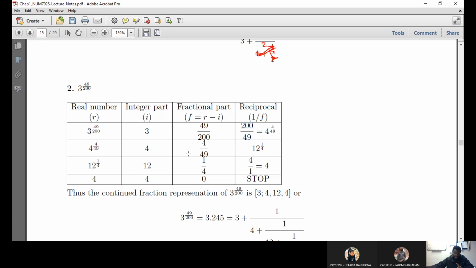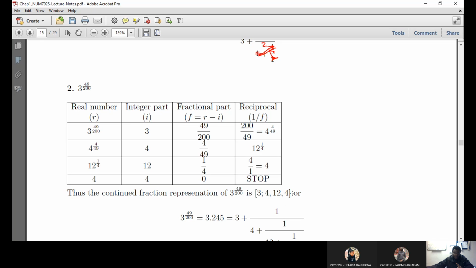We stop. And then we come back to the integer part column. We have 1, 2, 3, 4. So our continued fraction will be represented by these 4 numbers. This is A0, A1, A2, A3. And that's what we will write.